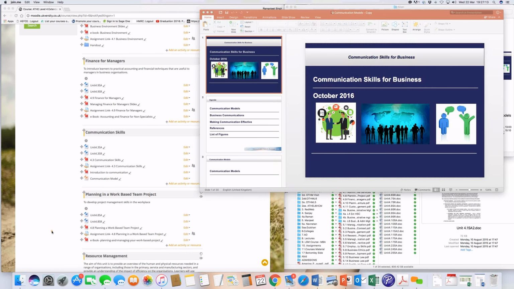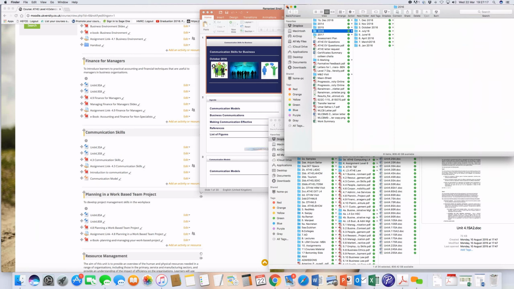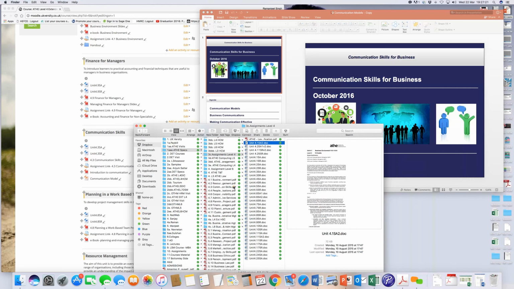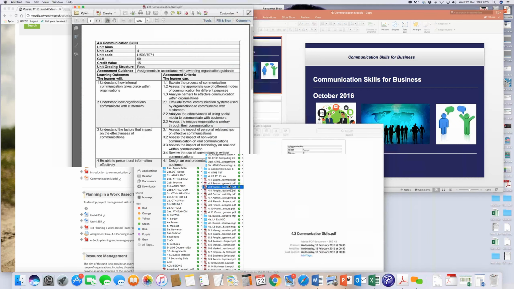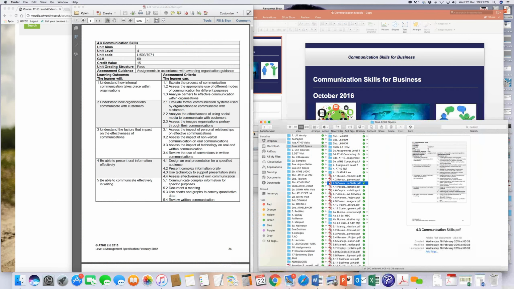Now, in the context of this particular unit that we're going to be studying, what we are primarily looking at is the requirements of why communication is important in a business context. In some cases, the content of this unit is quite generic, in the sense that you must have studied it previously.